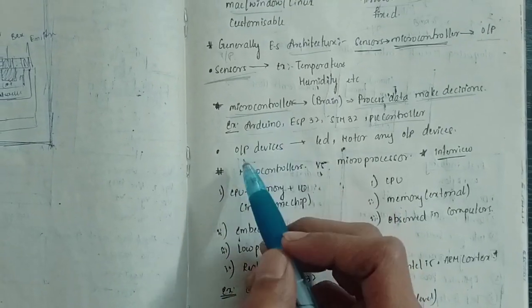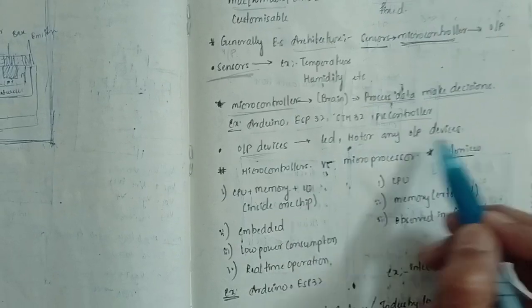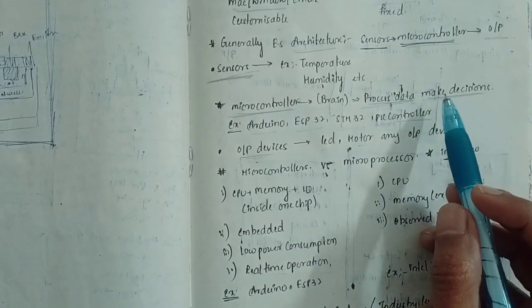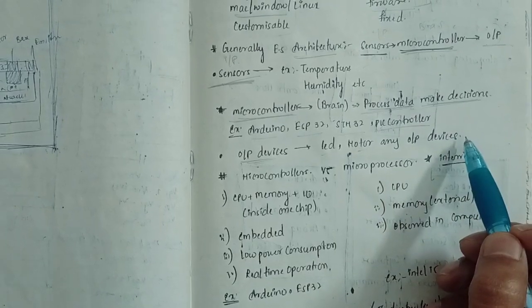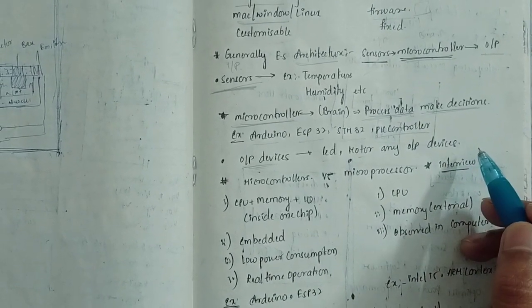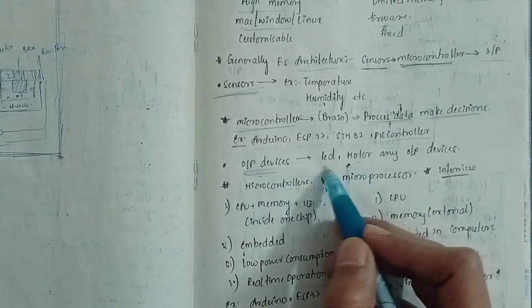The output devices are generally LEDs, motors or any other output devices. When an input is given, we require an output, right? The devices which exhibit the output are output devices like these.